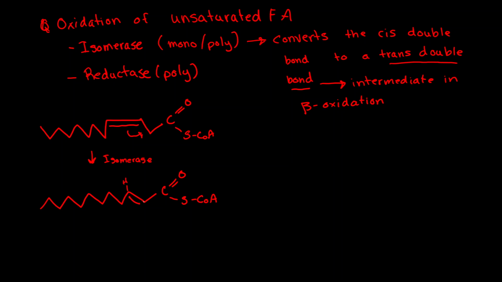We draw the hydrogens out just to further illustrate the point. You can see you go from a cis double bond to a trans double bond. So this then is an intermediate for beta oxidation, and it can enter the cycle and be used for energy.